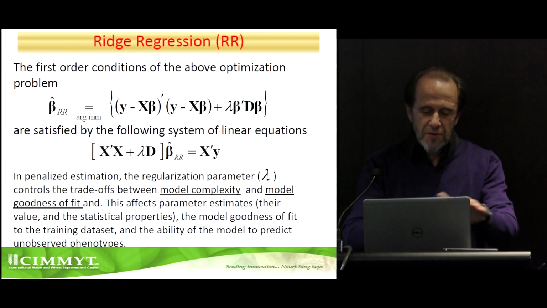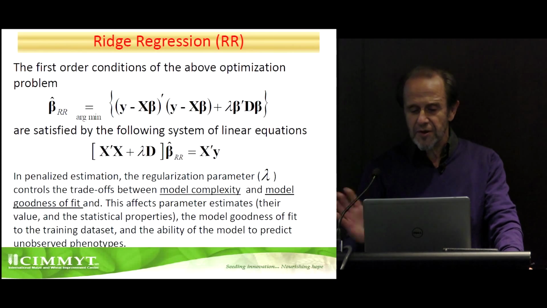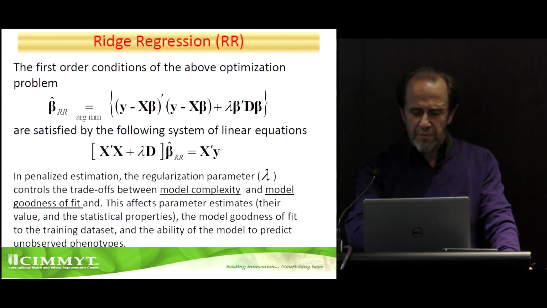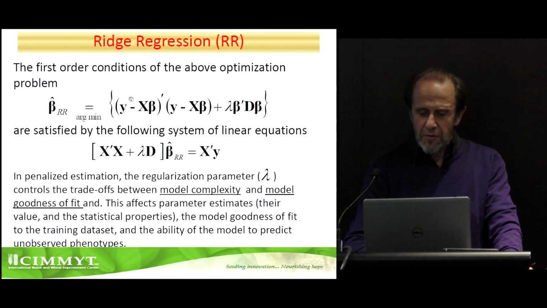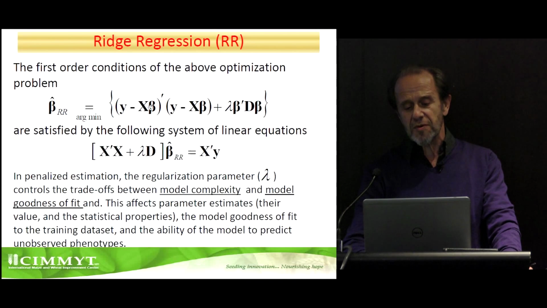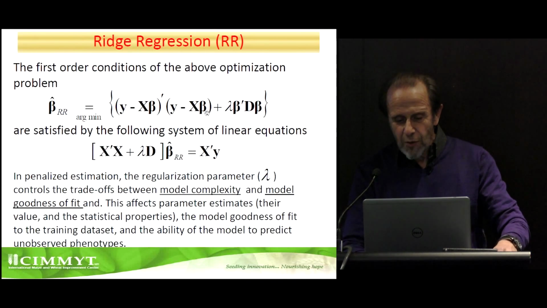Formally, statistically, this is very formal, because the problem is an optimization problem, and this is what we minimize. This is the residual sum of squares that we minimize in ordinary least squares, but we add a quantity here.